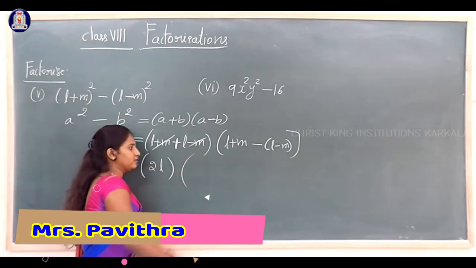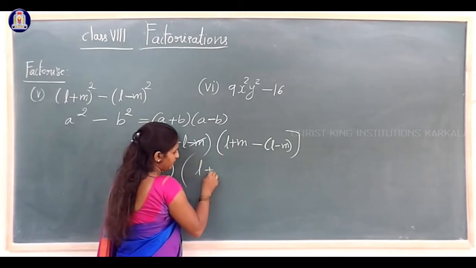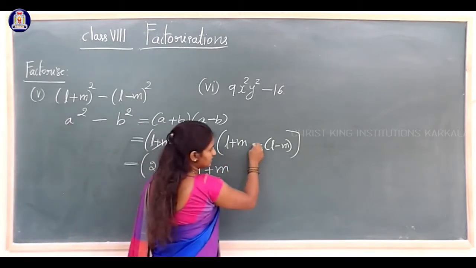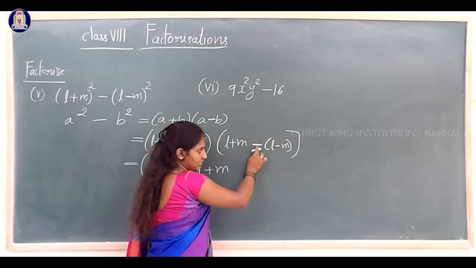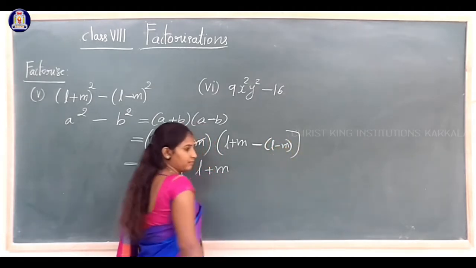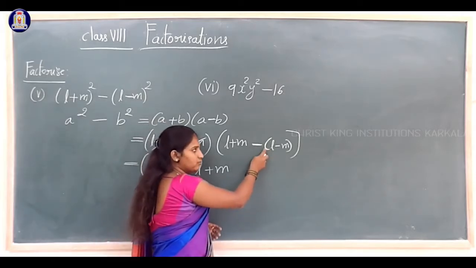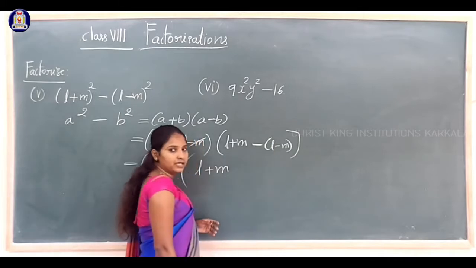Now again, can you simplify the second term? We'll see L + m as it is. Now the sign given is minus outside the bracket, and inside the bracket there are two variables, L minus m. To remove this small bracket, you have to multiply the sign.